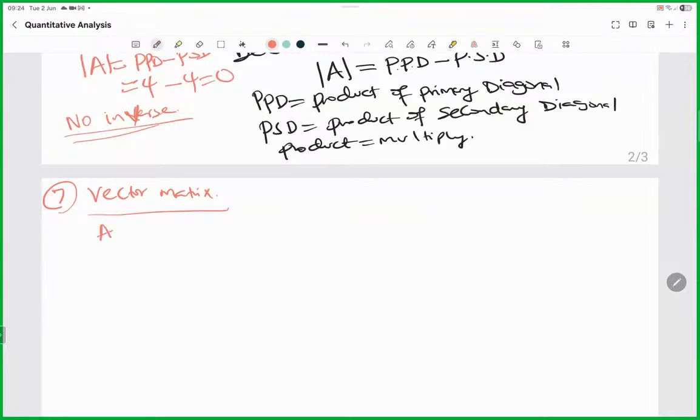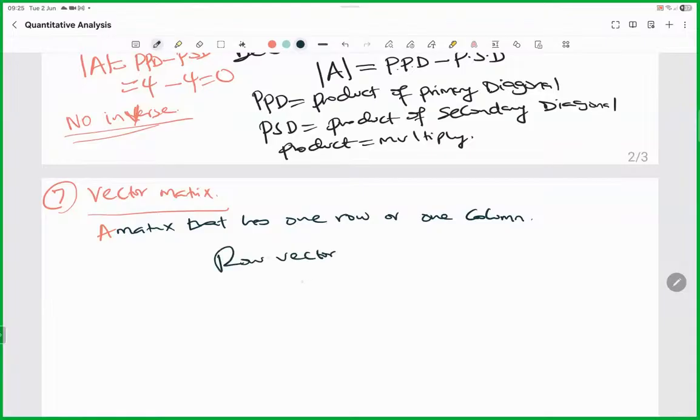A matrix that has 1 row or 1 column, like this. We can talk of a row vector, e.g., A equals 2, 4. These are row vector matrices. It has only 1 row.